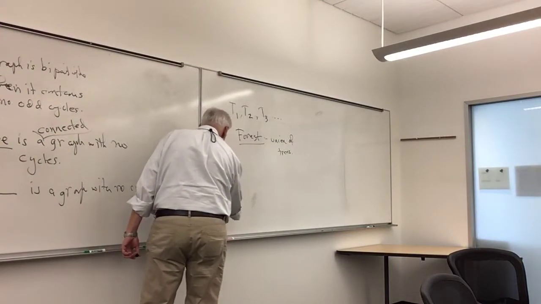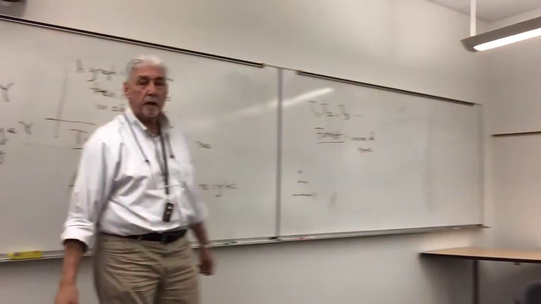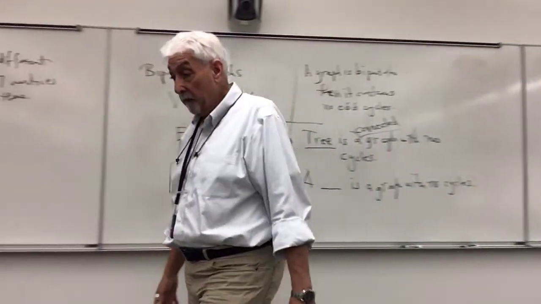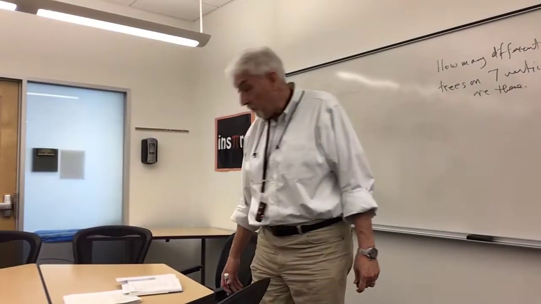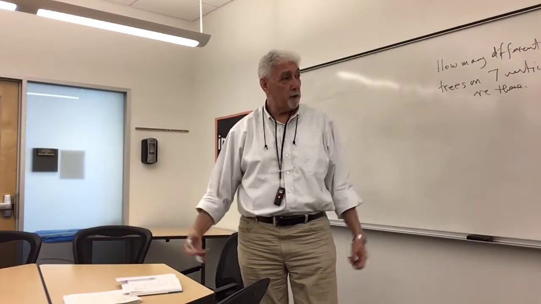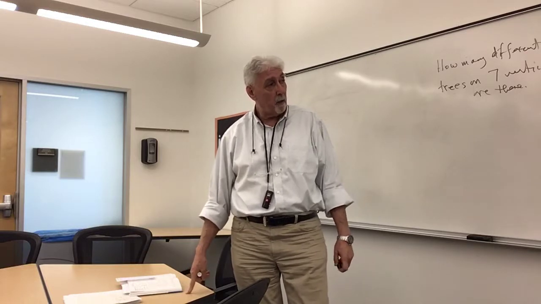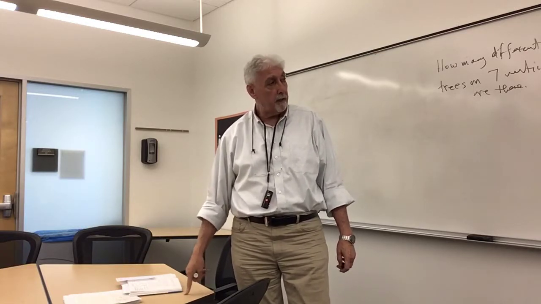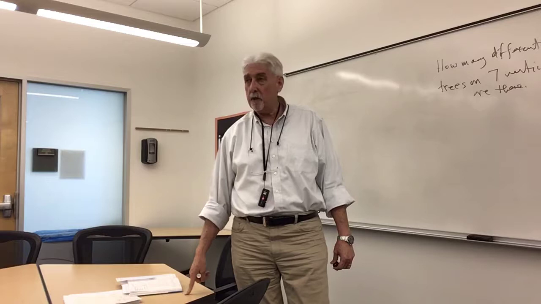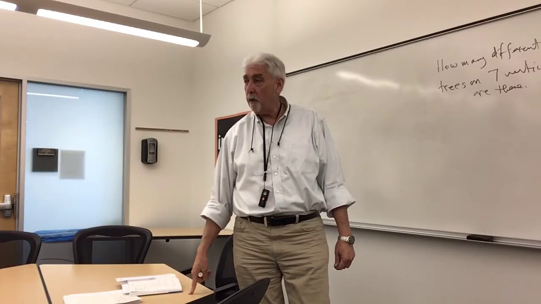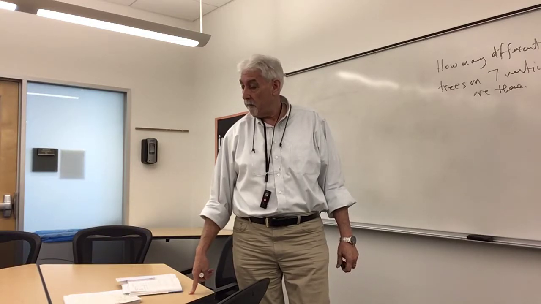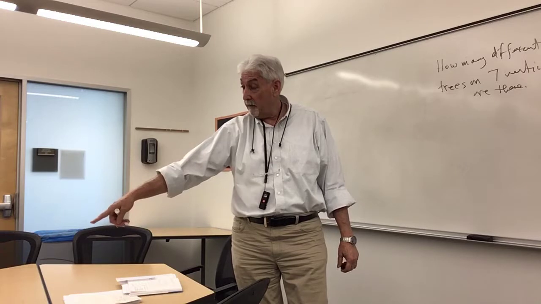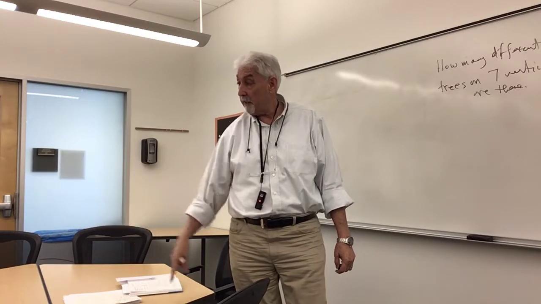Anybody find another tree on 3 vertices? At some point it's going to get interesting. So there's 1 tree on 1 vertex, 1 tree on 2 vertices, 1 tree on 3 vertices. 4 vertices? Well, I know when I get to 7, there's at least 6.